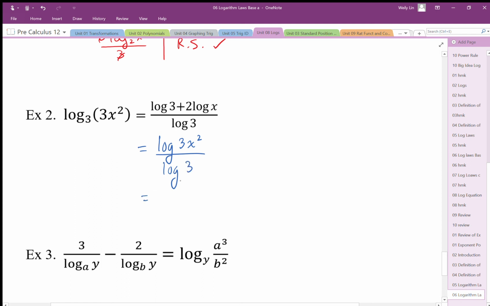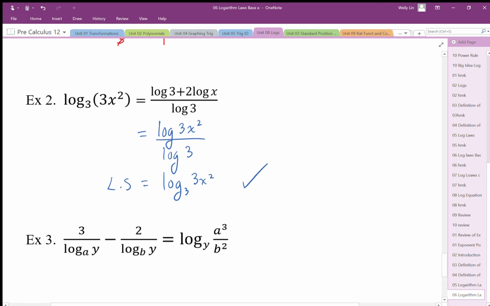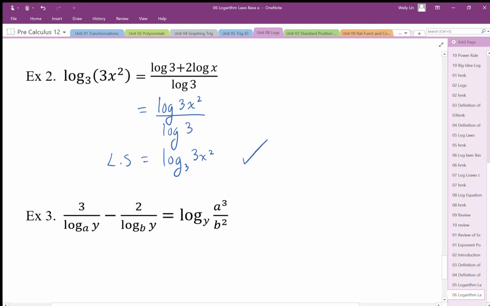Well, that's change of base formula. I can just change that to base 3. That's the log of the denominator becomes my base. So there it is. Left side equals right side. Proof. And there are many ways to do this. This is only one way to do it, but this is a proof of these logs.